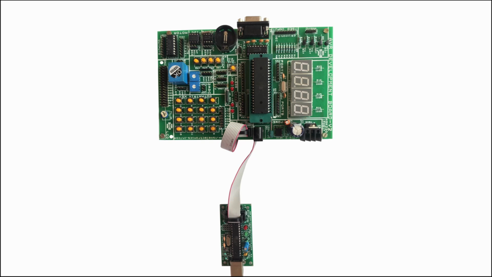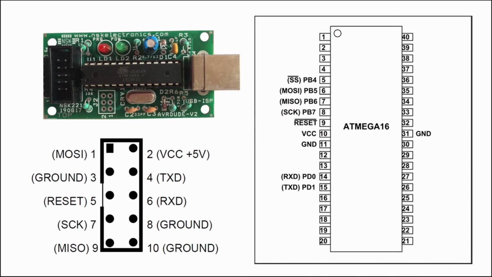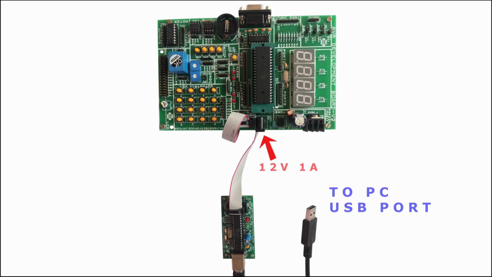If you do not have a development board, or if your development board does not show this JTAG terminal, you can directly connect the terminals of the USB ASP programmer to your microcontroller pin nodes as per this circuit diagram, and you can build this circuit on a breadboard for programming your Atmega 16 microcontroller. After that, power up your development board using an external 12V 1A adapter.